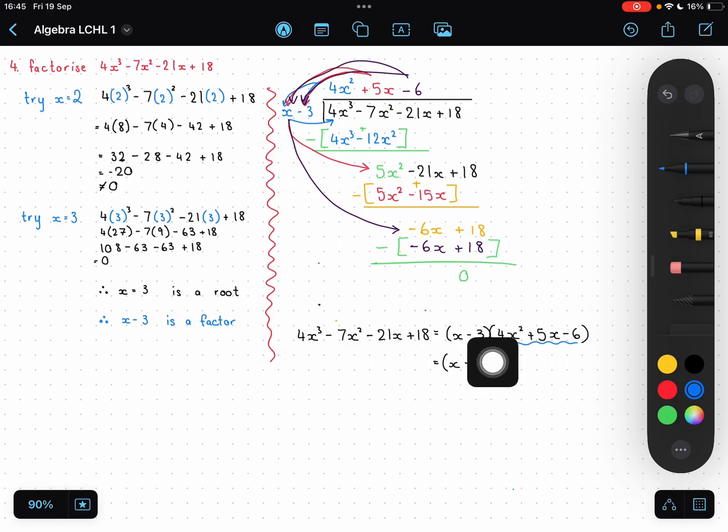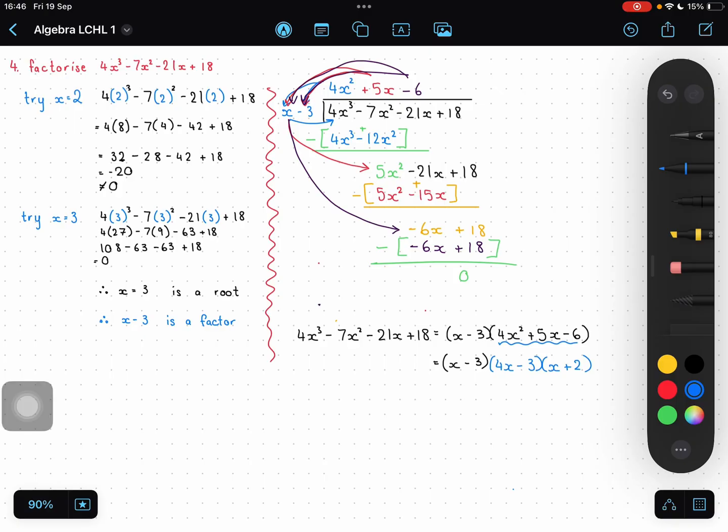You have to not just go to what multiplies to give minus 6, but actually do 4 by minus 6. So I'm looking for factor pairs of minus 24, and I'm doing it out that way. And I get my factors are 4x minus 3 and x plus 2 when we do that out.